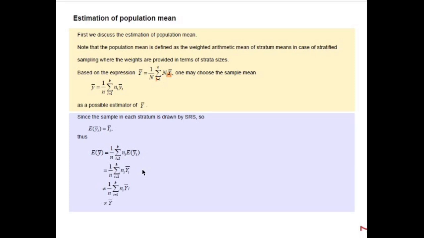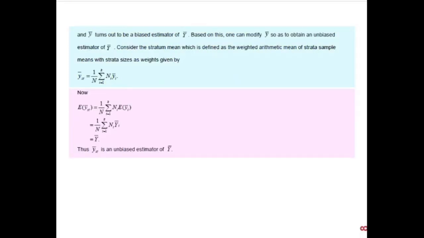So on solving, we can easily find out that the expected value of small y bar is equal to the capital Y bar. Okay, so this is one of the important theorems in stratification.